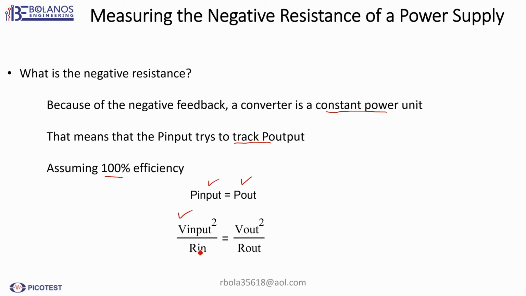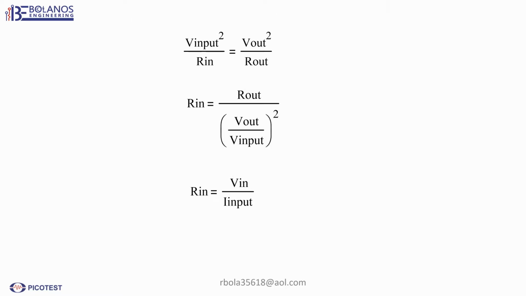Okay. So another way of expressing power would be the voltage squared divided by the resistance. So this equation, V input squared over R input, is another way of expressing input power. And like so, we can express output power as V out squared divided by R out.